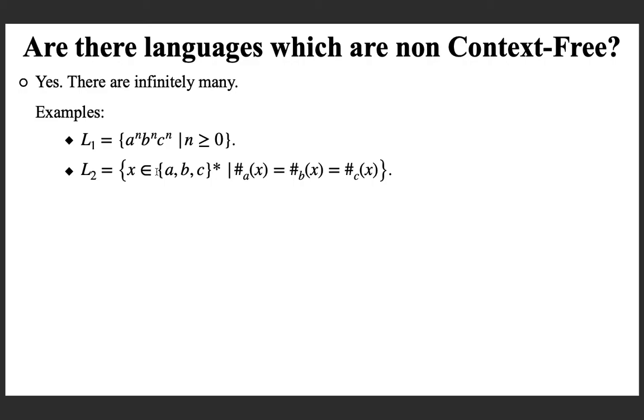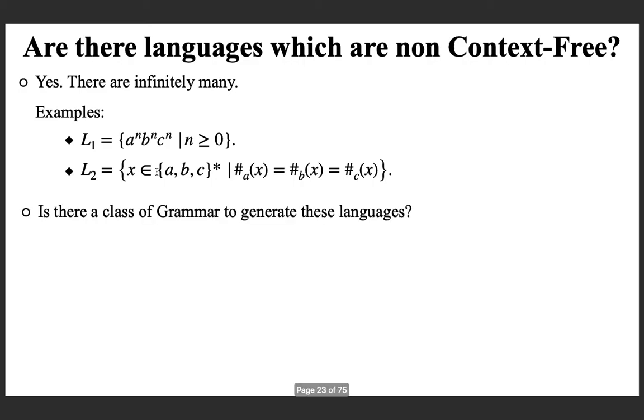Now an interesting question: is there a class of grammars to generate these languages? Like we have the class of regular grammars for regular languages and the class of context-free grammars for context-free languages, what kind of language family is going to represent these languages, and what class of grammars is going to generate them?